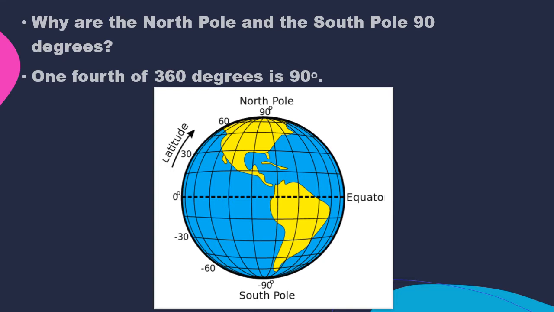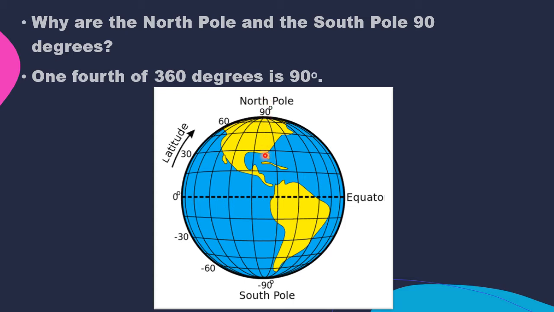Let us try to find out the answer to this question. Why are the North Pole and the South Pole 90 degrees? See, this is 0 degree equator, a latitude. It is drawn through the middle of the globe. See, this is 90 degree north.